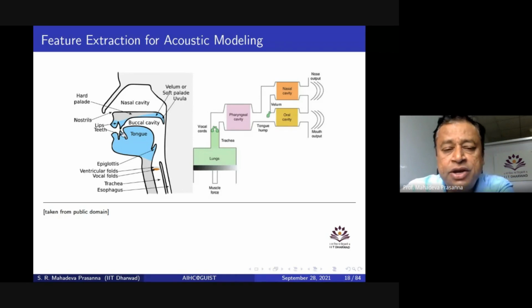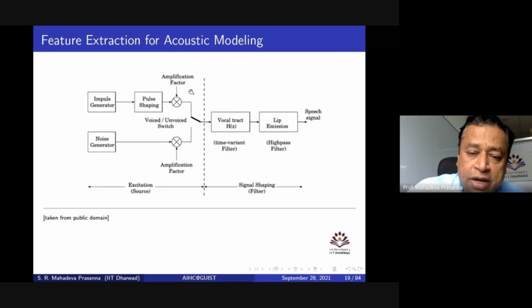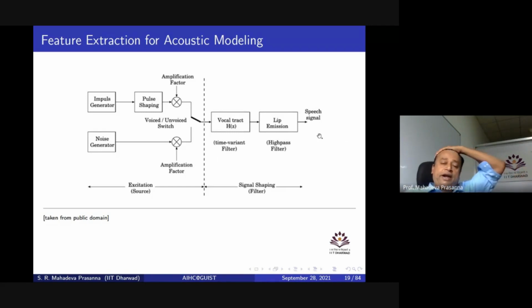So like this, you can have many activities associated. With the help of speech production knowledge, we can build a model like this, which has a vocal tract filter, lip emission, and the source model, that is the excitation source, and signal processing. These are the physical models that have been studied in the speech production area, and this model has been proposed. The same model concept can be used for analyzing health conditions.